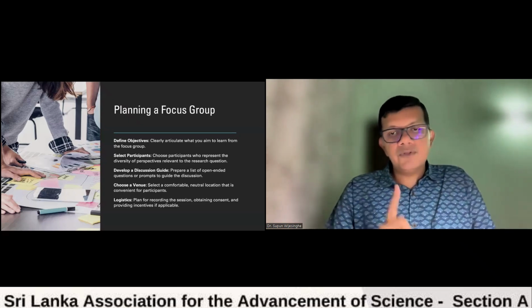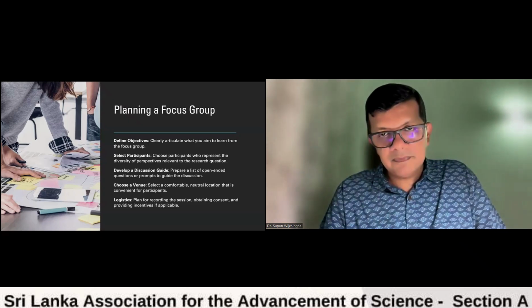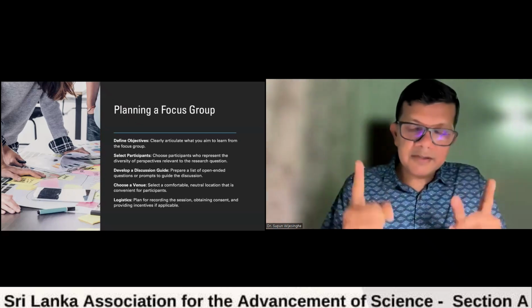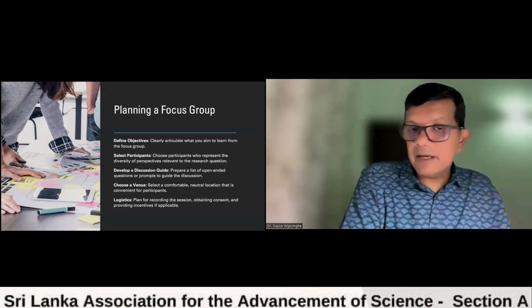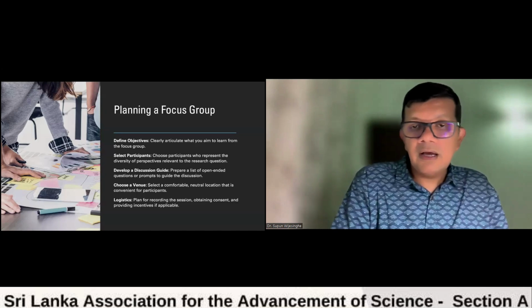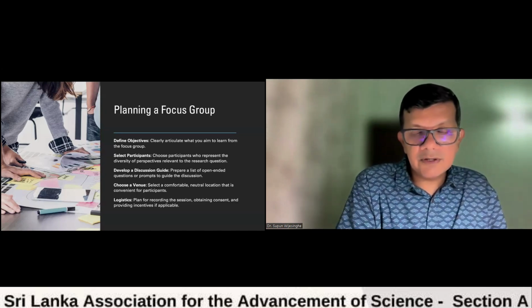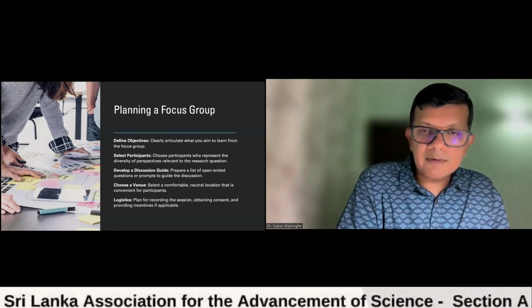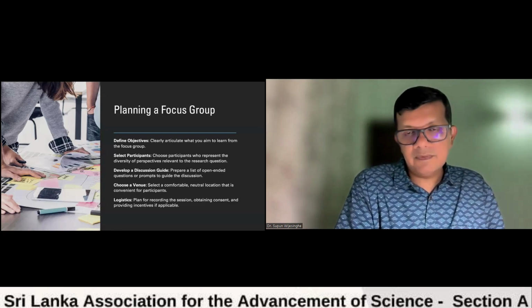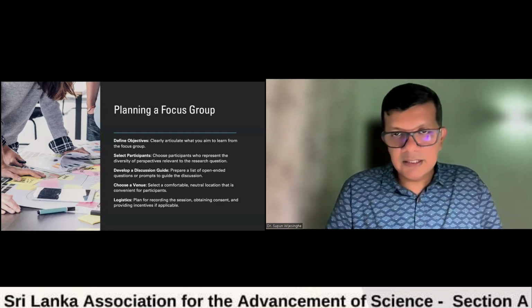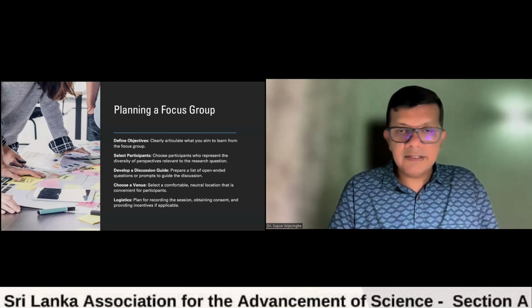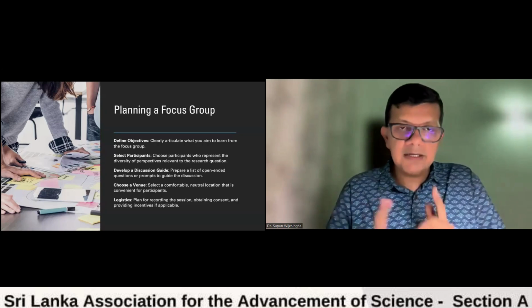Most importantly, you should have a discussion guide. So you should always follow the guide. You might have to train your moderators as well as the note takers, but always stick to the discussion guide, so there is a consistency among the interviews. And then choose a venue, logistics, and arrange it.